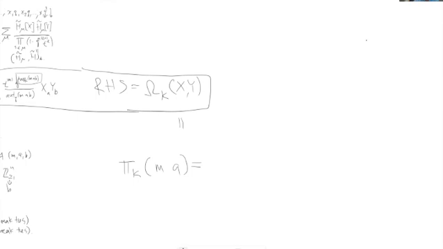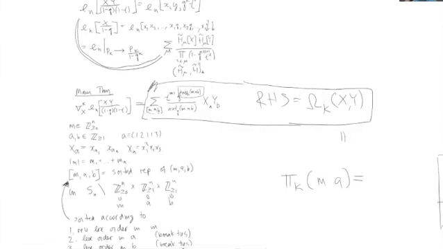What this Dyck path is: for each k, I can associate a Dyck path to the pair m comma a, and it's the Dyck path with the property that there's a box under the path at ij precisely when ij contributes to this dinv.